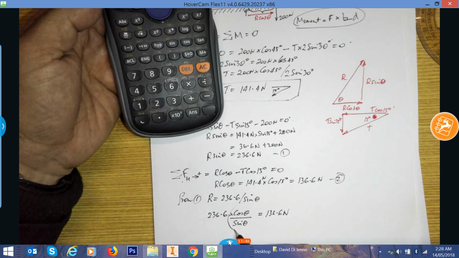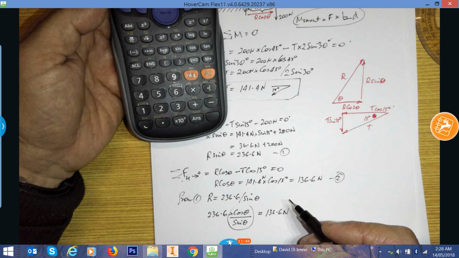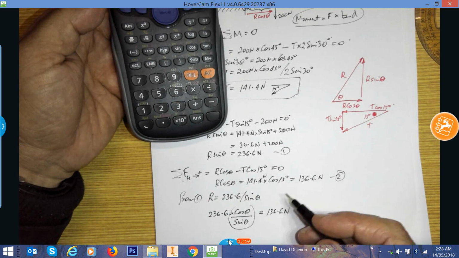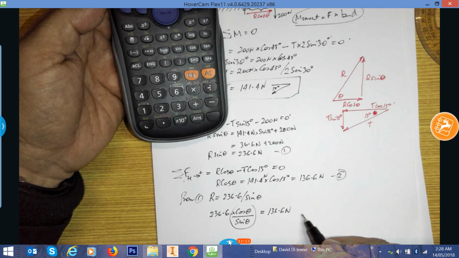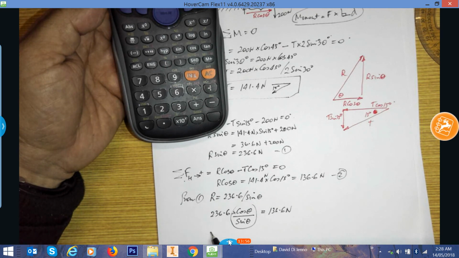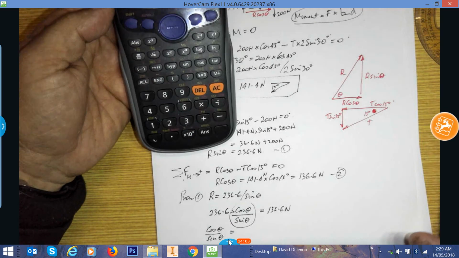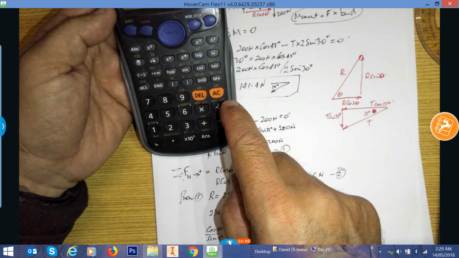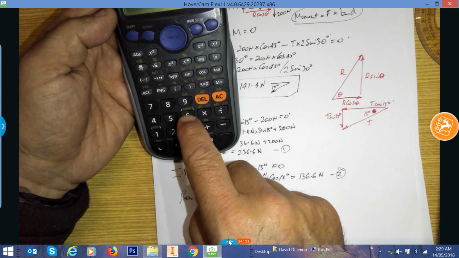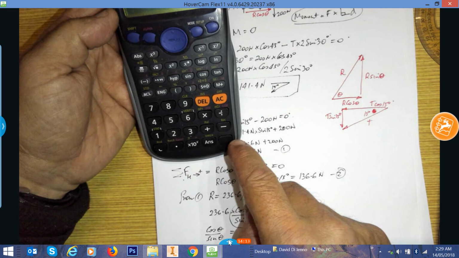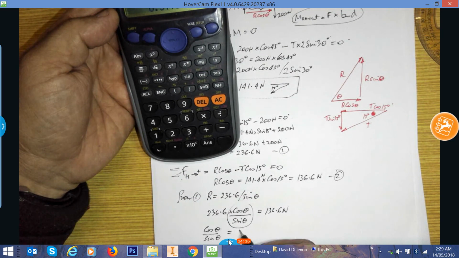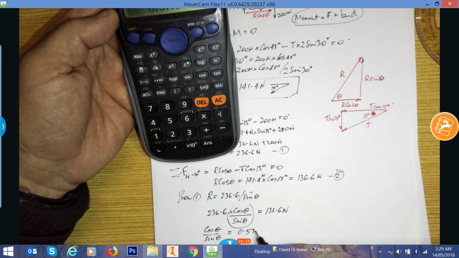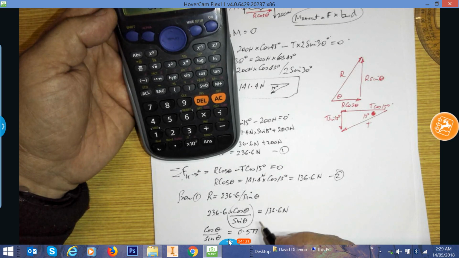Now cos theta divided by sine theta is really just 1 over tan. So, dividing both sides by 236.6, cos theta divided by sine theta is going to equal 136.6 divided by 236.6, which equals 0.577.